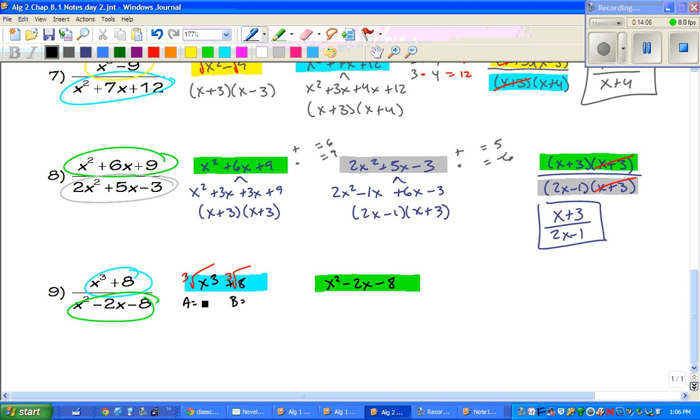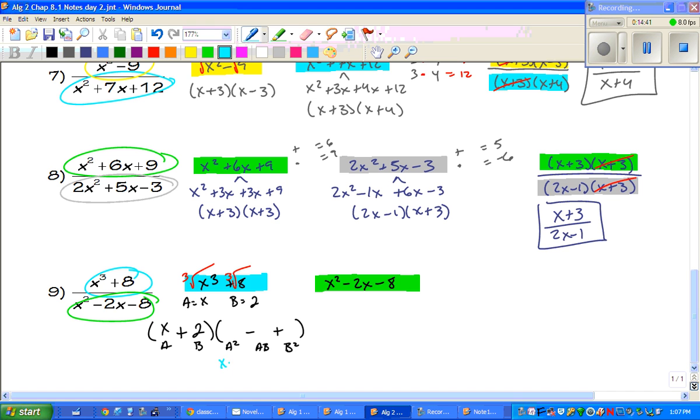The cube root of x cubed is x, and the cube root of 8 is 2. So from there, all we need to do is follow our pattern. Okay, it's plus, minus, plus. We're going to write a here, b here, a squared, a times b, and b squared. Okay, so we already know that a is x, and b is 2.